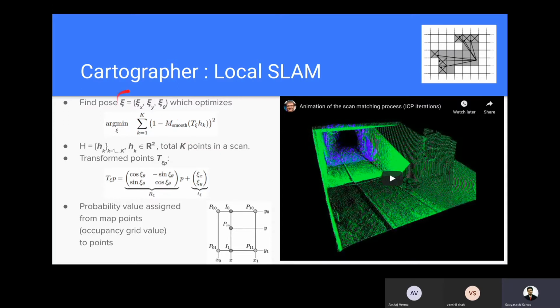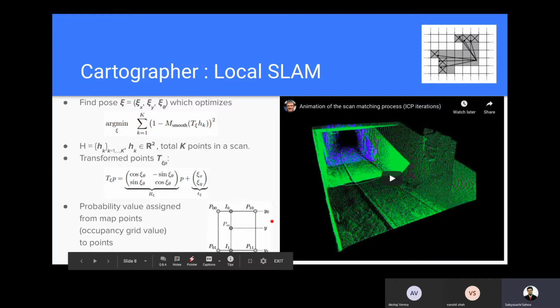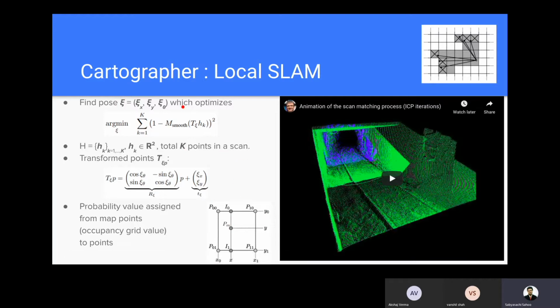Once we have found the epsilon x, y, theta that best minimizes this equation, we say that is the exact pose estimate or pose offset between the previous scan and the next scan, because that is what minimized this equation.